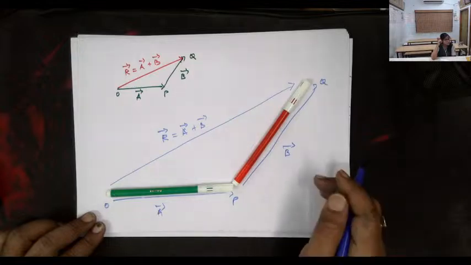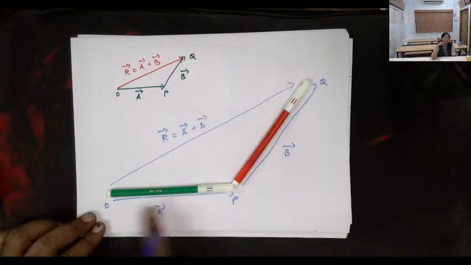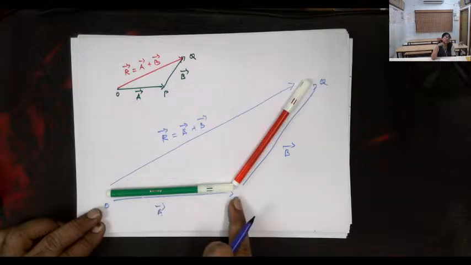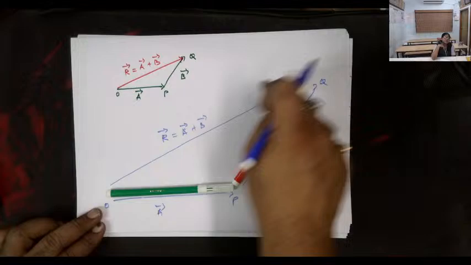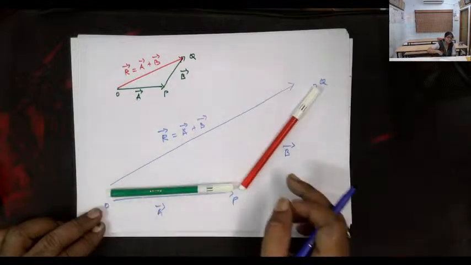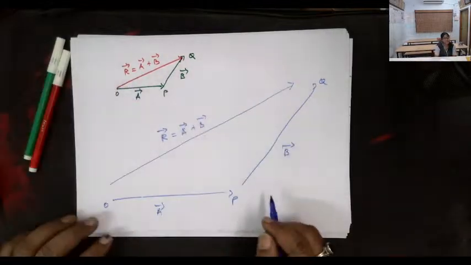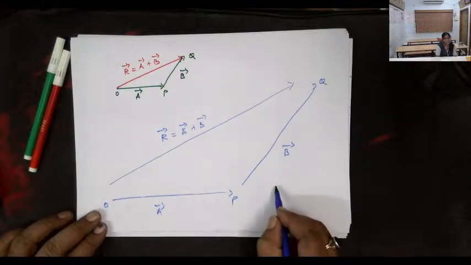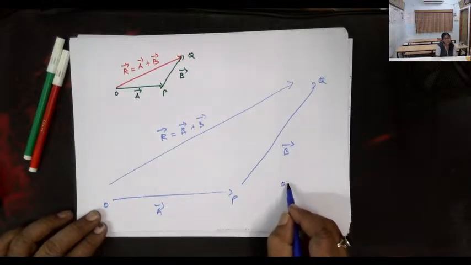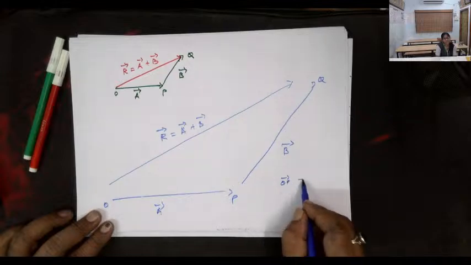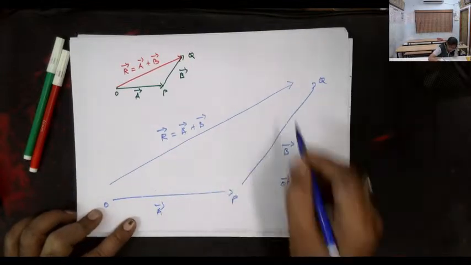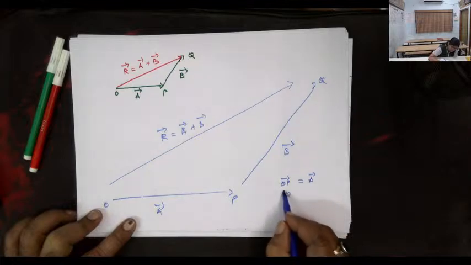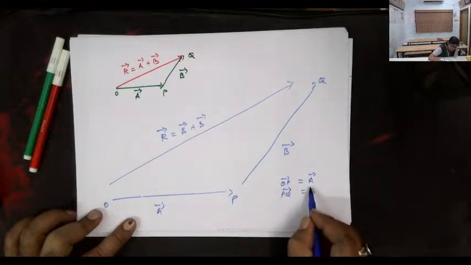In fact, being a displacement from O to P, P to Q, and you can reverse this direction, for example Q to O. Okay, so let me consider this O to P vector, that is represented by A vector, and PQ vector, that is represented by B vector.